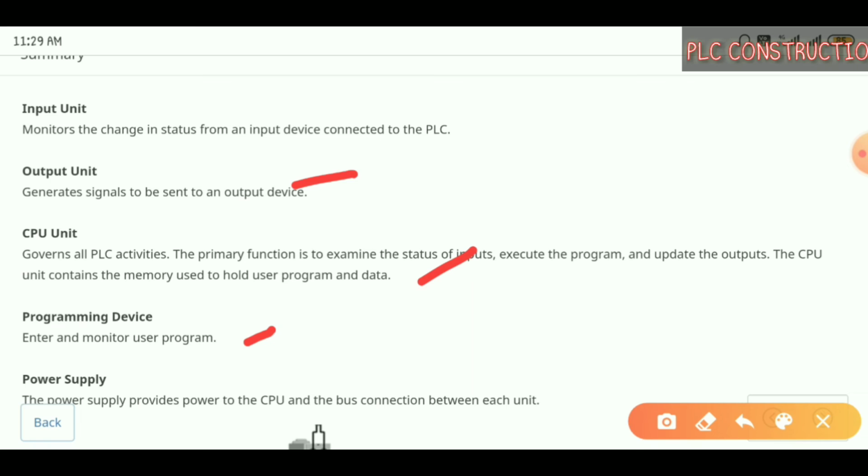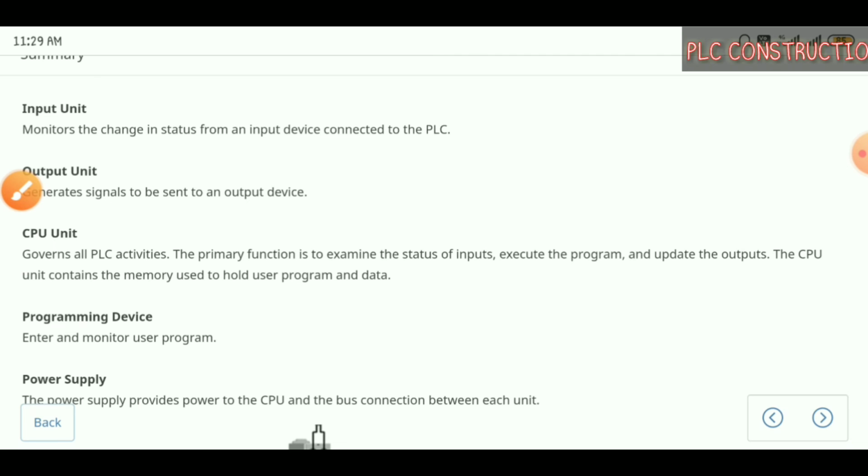The programming device is where we do the programming, basically on laptops, and after that we download it to the CPU memory. Another thing is the power supply unit, which gives power to the PLC. Generally a PLC works on 24 volts DC, so according to the specification we have to give that power supply to the PLC.